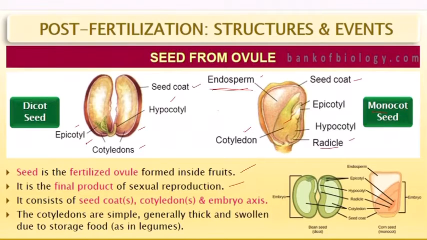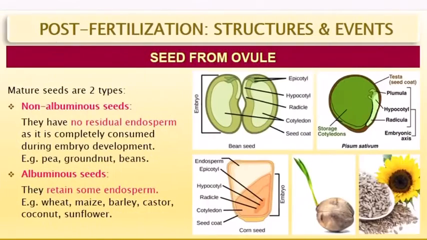And you have the epicotyl, which leads to formation of stem, and the hypocotyl, which leads to formation of radicle, and radicle becomes a future root. The cotyledons are simple, generally thick and swollen due to storage of food, as in legumes. So we can see the vertical section of the seeds, both monocot and dicot.